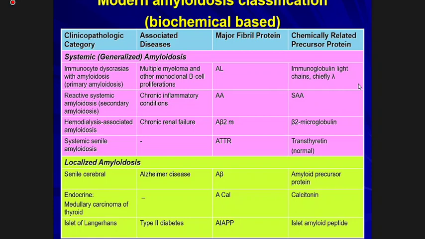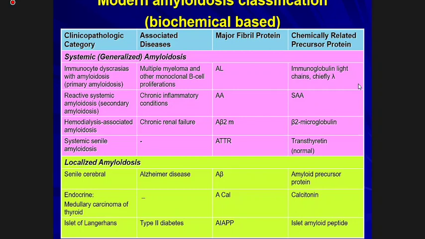The second type is localized. We have senile cerebral amyloidosis, which is formed by your amyloid precursor protein, or in the fibril form, your A beta protein. Remember, we said the third type of your major amyloid protein is the A beta type.